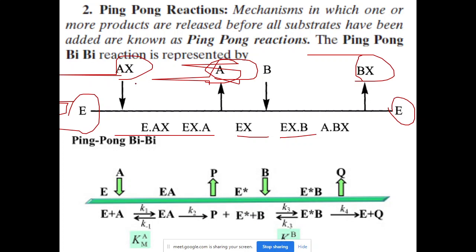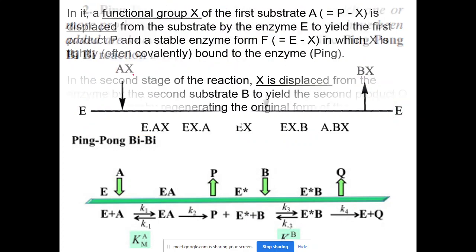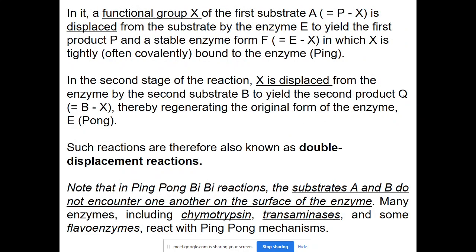AX is the first substrate, and the functional group X is displaced from the substrate to the enzyme to yield the first product P and the stable form F, in which X is tightly bound to the enzyme. This is known as ping.